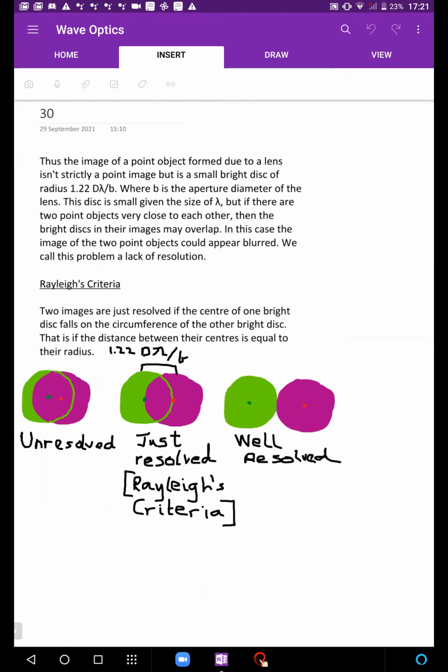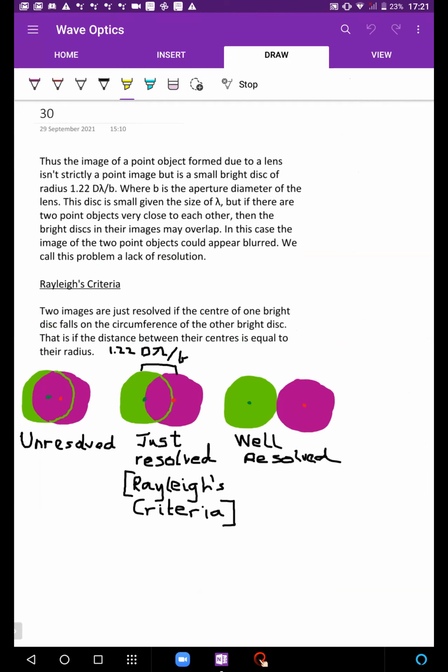So Rayleigh का फिर ये criteria था कि you consider the images to be just resolved if दो points के बीच में जो distance बनता है that is just the radius, equal to the radius of the size of the bright disk that will be formed. तो 1.22 d lambda by b इतना डिस्टेंस होना चाहिए उन पॉइंट्स के बीच में. अगर पॉइंट्स are closer than that radius, then they will overlap and you say it's unresolved. ठीक है.